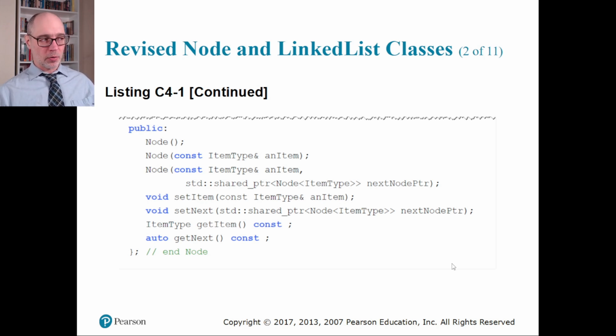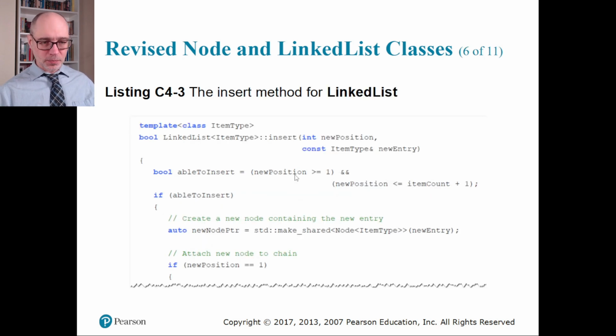So now we can go to the linked list class. Here's our linked list class. And specifically, we're going to look at one of the functions that we wrote for linked list, like the insert function, where you take one new piece of data and you specify a particular index for what position you want to put it in.